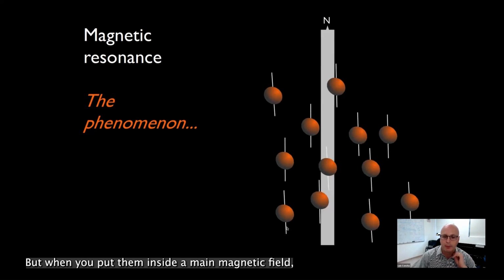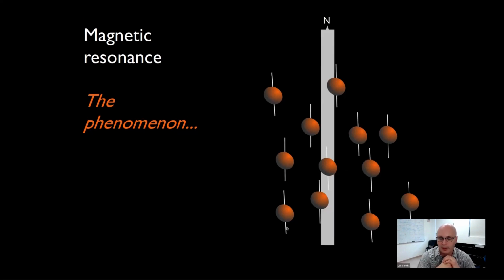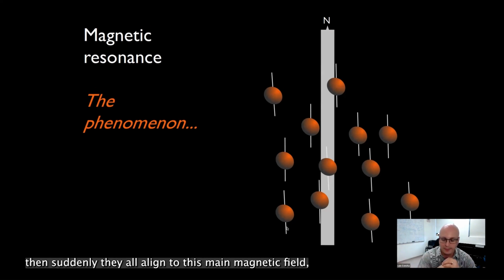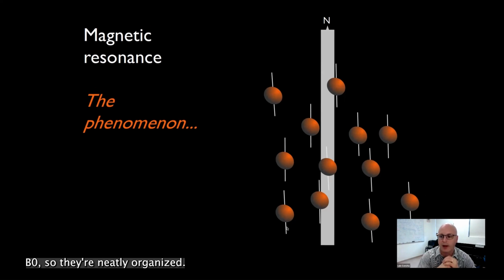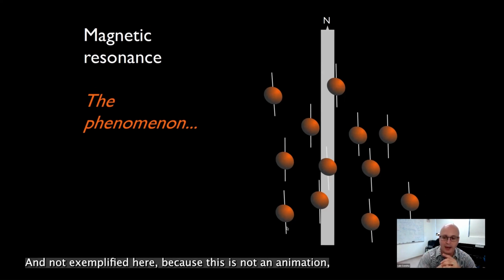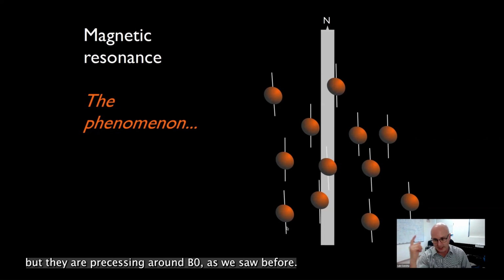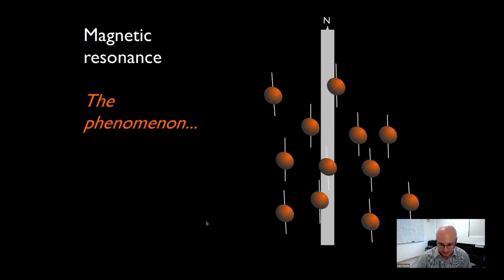But when you put them inside a main magnetic field, again called B0, suddenly they all align to this main magnetic field B0. So they're neatly organized, all pointing in the same direction, and, although not exemplified here because this is not an animation, they are precessing around B0 as we saw before.